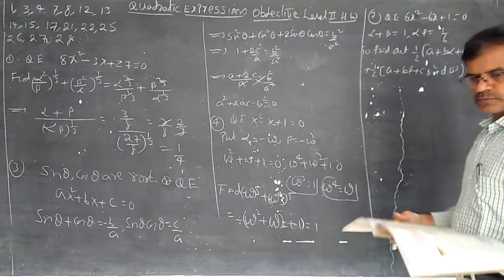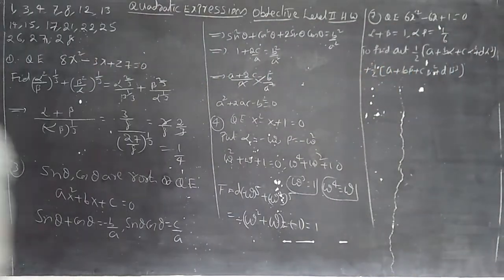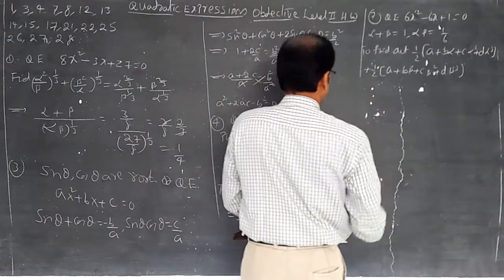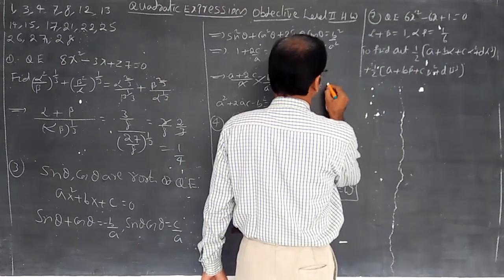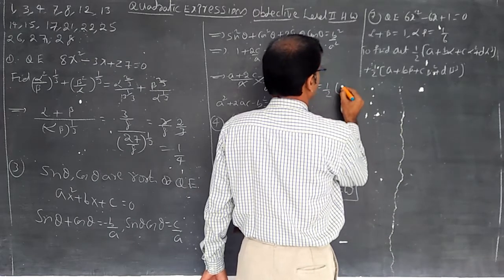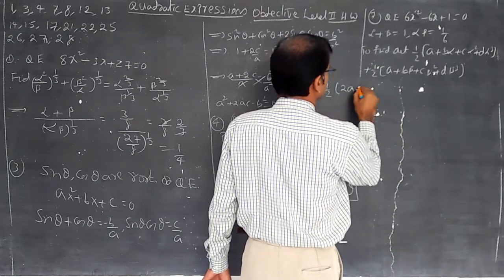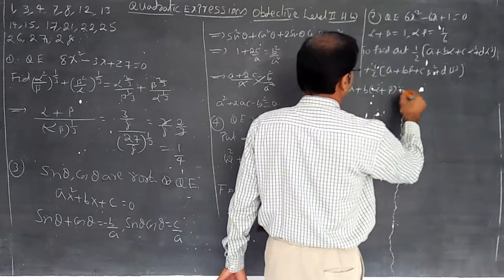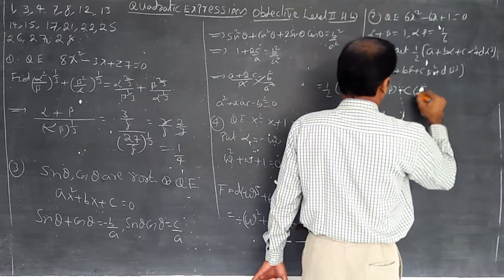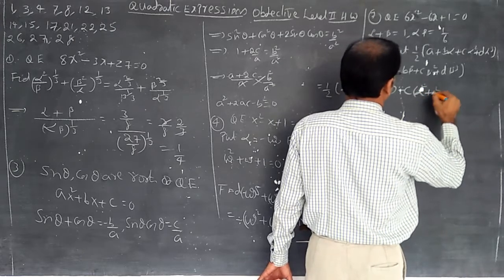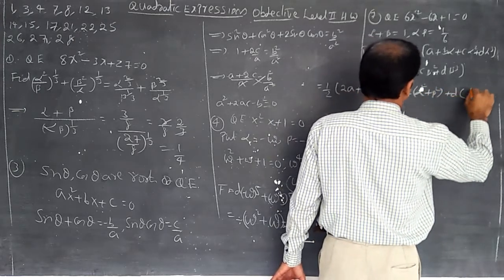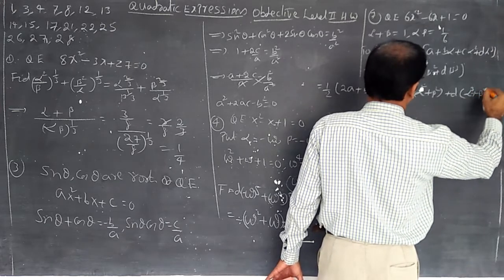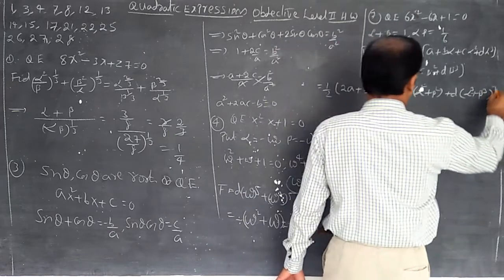That is equal to 1 by 2, we can take common. So a plus a becomes 2a, plus b taken common it becomes alpha plus beta, plus c taken common it becomes alpha square plus beta square, plus d into alpha cube plus beta cube.